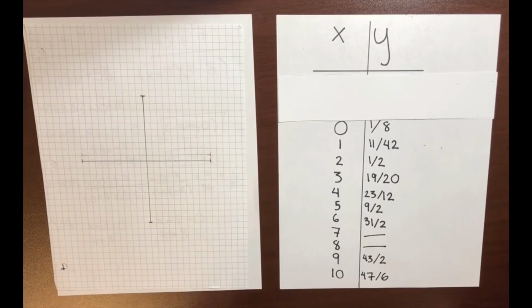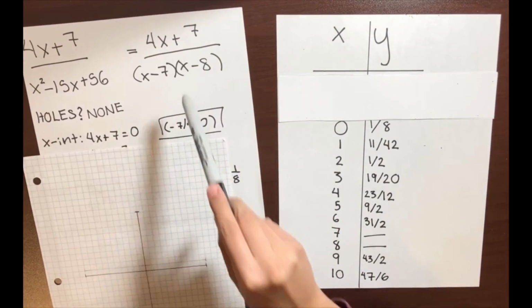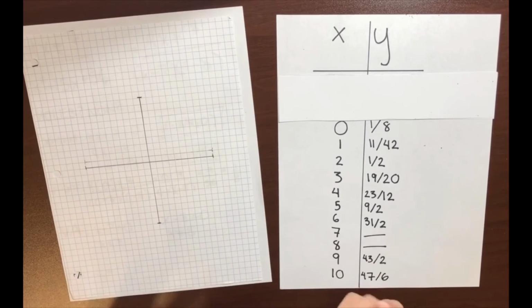First, make a table to see what your points will be. Substitute the x's to find the y values. First, mark your vertical asymptotes with dashes at x equals 7 and x equals 8.